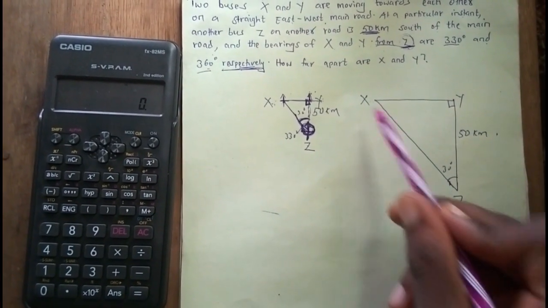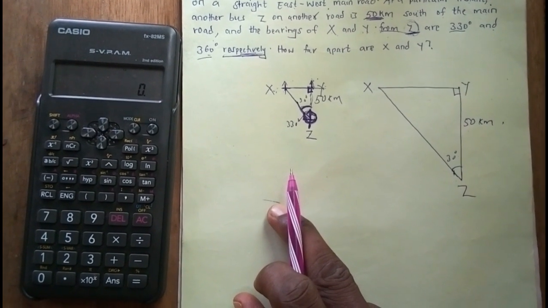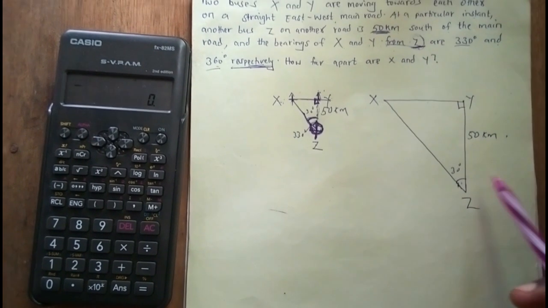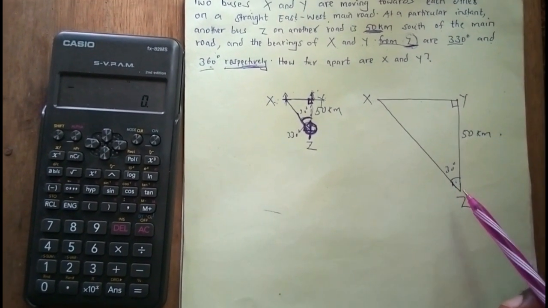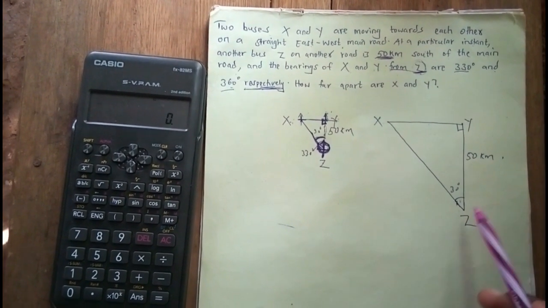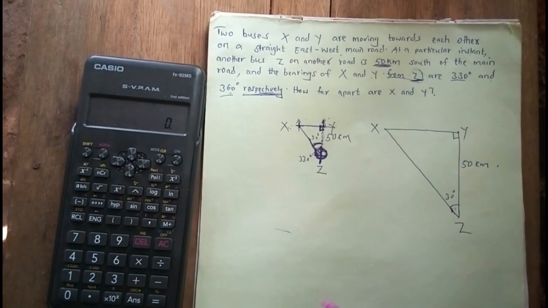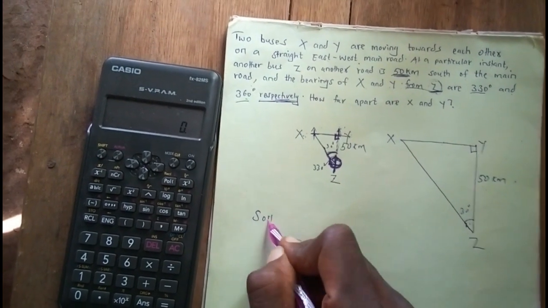Now to find XY, we are going to use one of the three trigonometric ratios. Remember, this side is opposite to this angle and this side is adjacent to this angle. So let's use a trigonometric ratio which uses the opposite and the adjacent side. And the trigonometric ratio is tan. Remember, we have SOHCAHTOA.